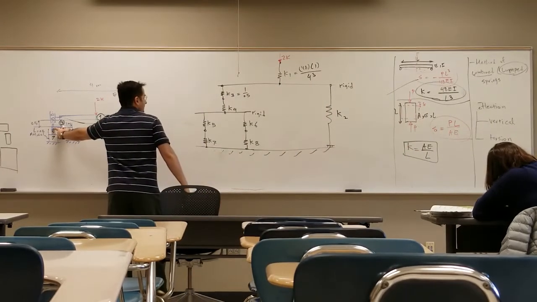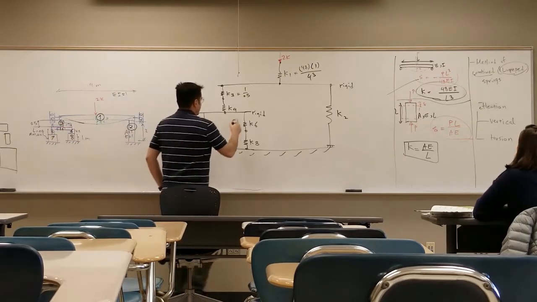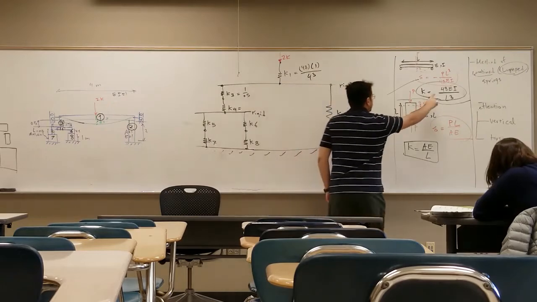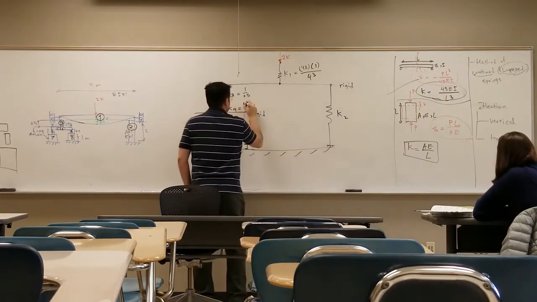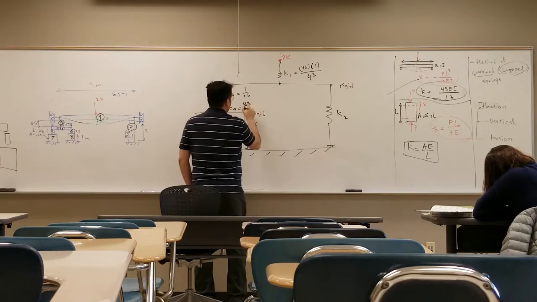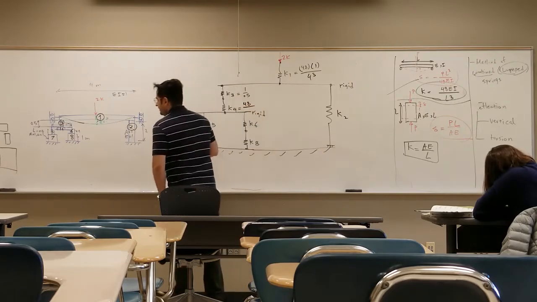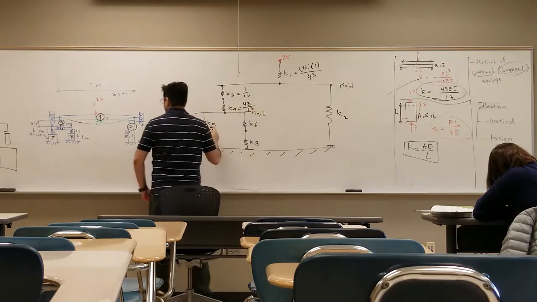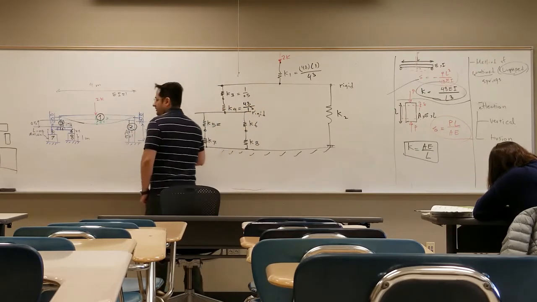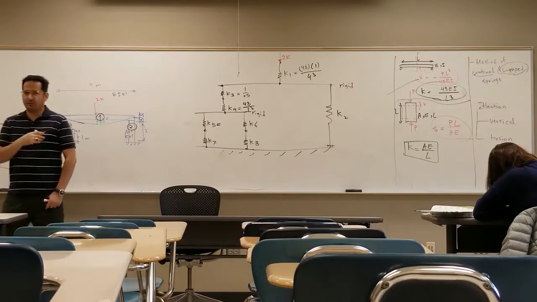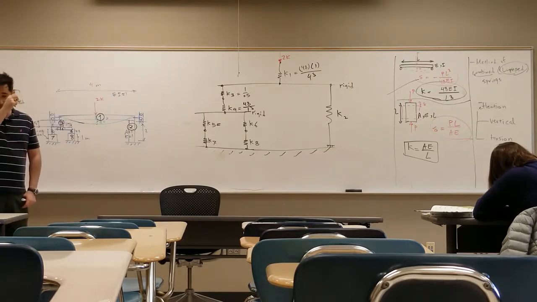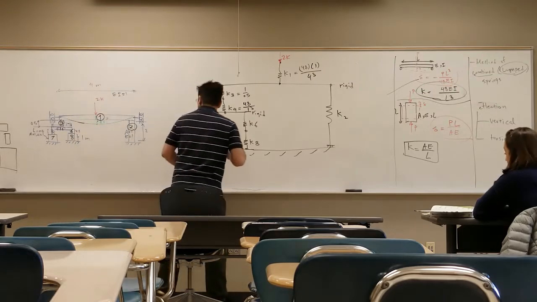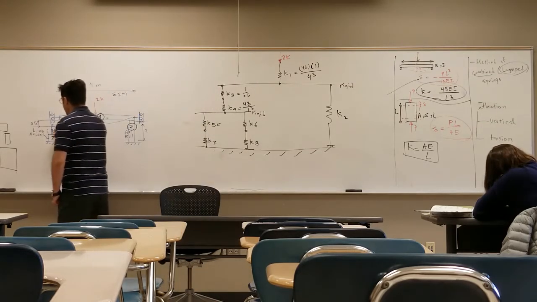Now I go to this beam. What about K4? K4 is equal to, again, 48 EI, which is 1 over L cubed. And L is equal to 1 meter cubed. Then K5 is equal to, please pay attention. K5 is equal to this one, K5.